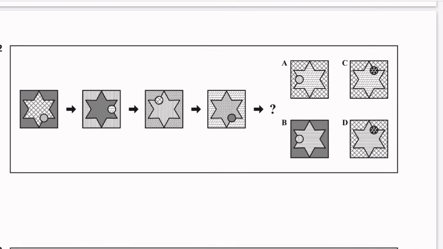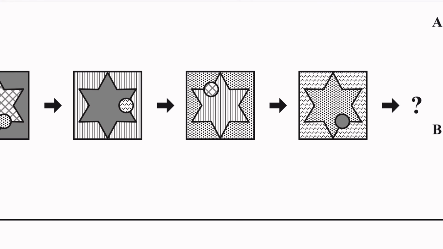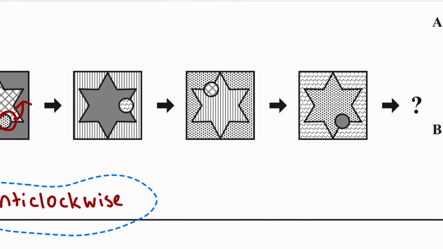22. So this is a normal sequence pattern. So here we have a circle and it's moving across in an anti-clockwise direction. So it's moving anti-clockwise. So what does that mean overall in terms of how far it moves?